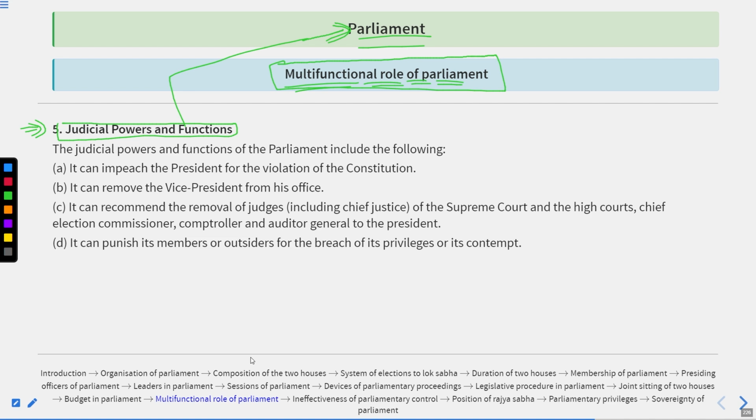So why are we considering the judicial powers and functions in the parliament? The simple answer is that the Constitution of India by itself granted several powers to the parliament in terms of judiciary, and these are called the powers. And by exercising those powers, what functions does the parliament perform?